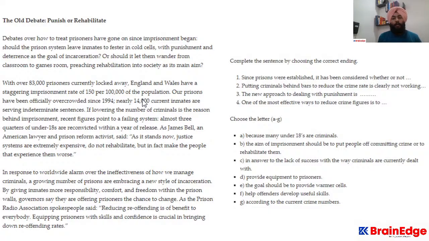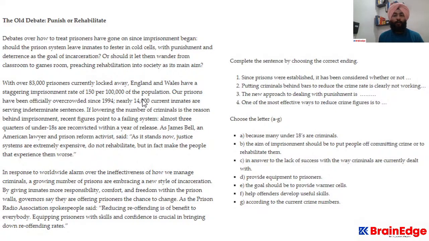The question says that since prisons were established, it has been considered whether or not. So if I need to find the answer, I'll jump into the keyword sections. Let's see, 'since'. Nowhere else is 'since' mentioned. So as an experiment, I have taken this word.